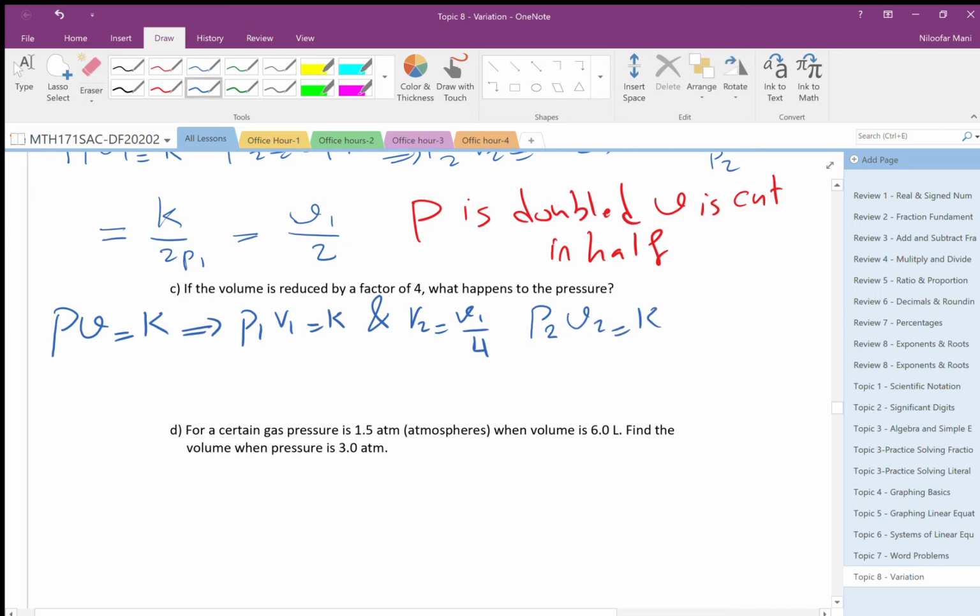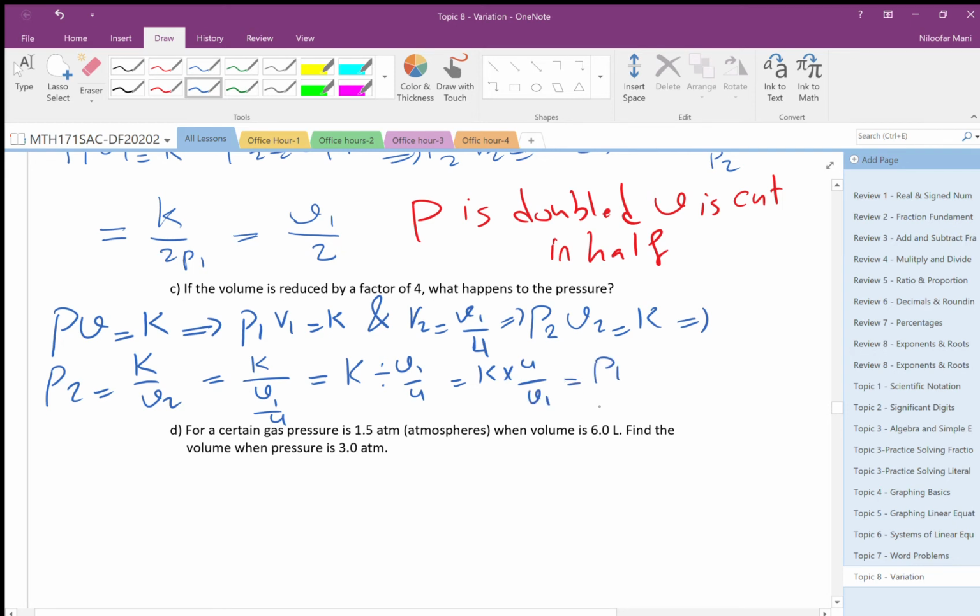So P2 V2 is K. Therefore, P2 is K over V2, which is K over V1 over 4, which is K multiplied by 4 over V1. What is K over V1?